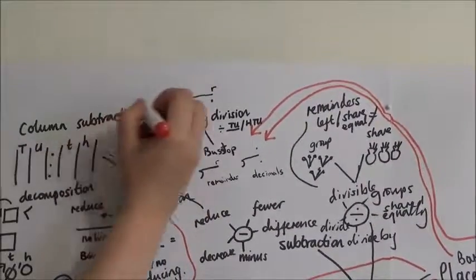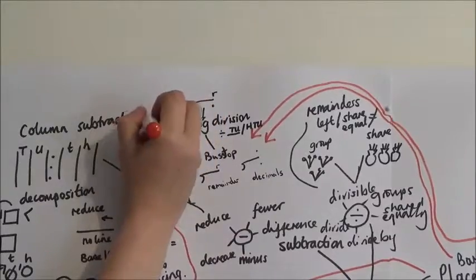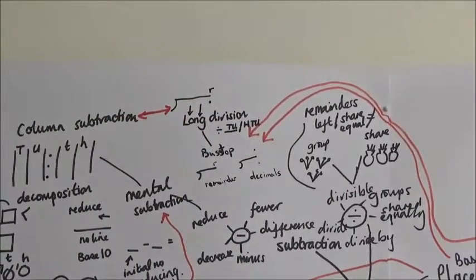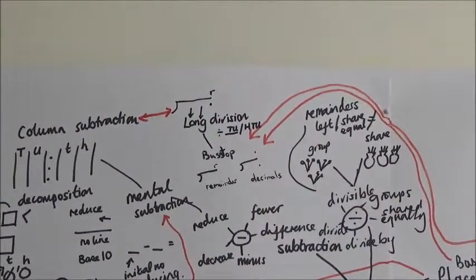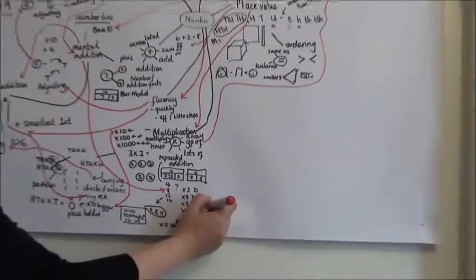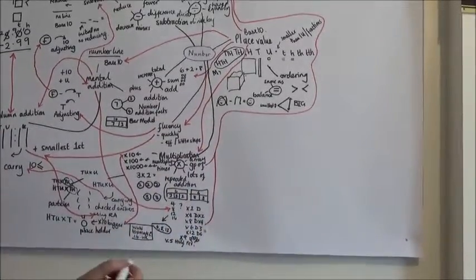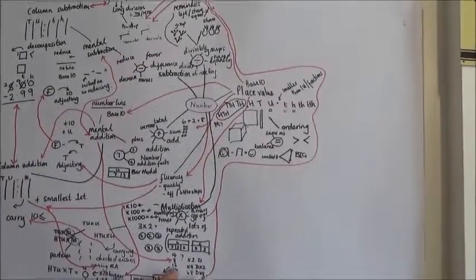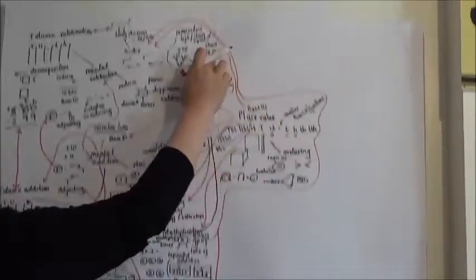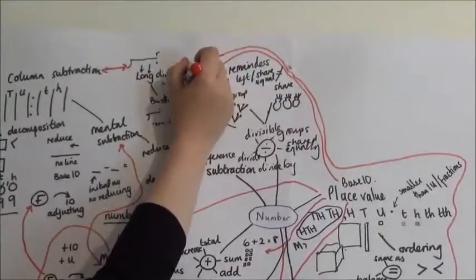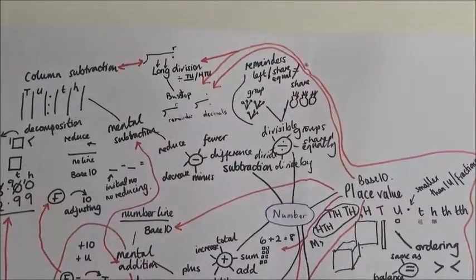We used column subtraction to help us take off how many lots we had worked out. And we come down to here, we used our multiplication understanding, and I'm going to steal that link there that went before, to help us to create our fact bank in order for us to work out how many lots to be taking off.